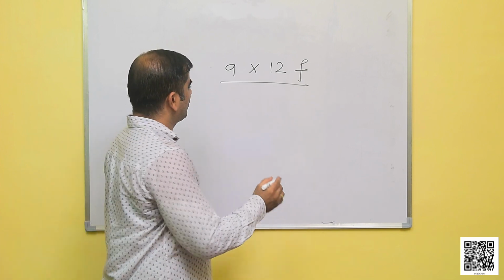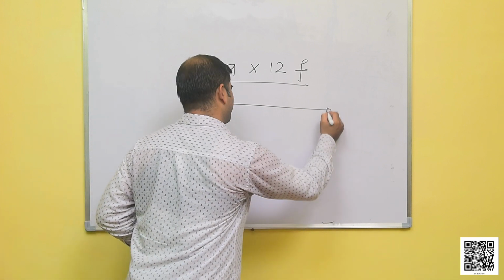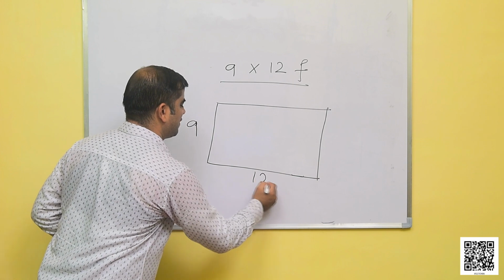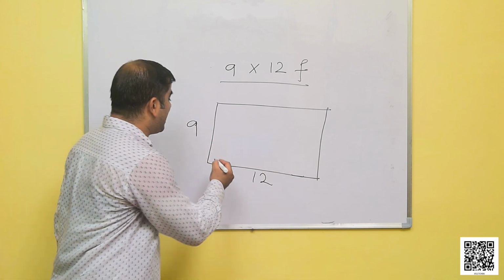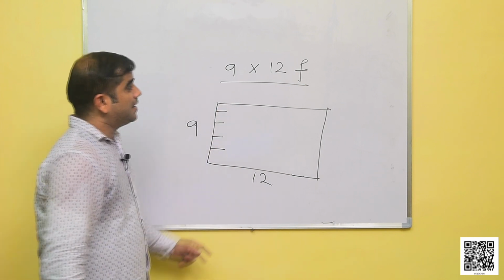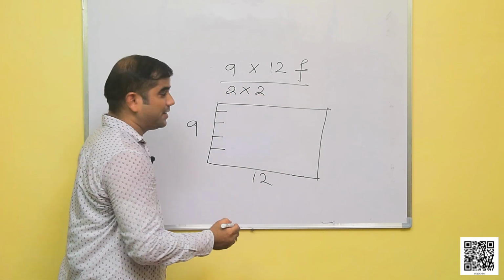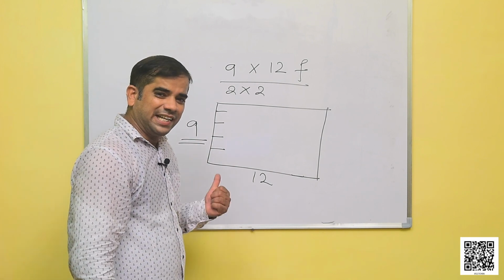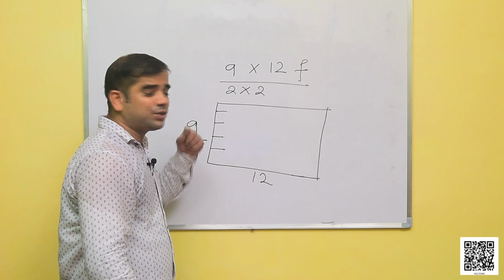Okay. So, this is the floor, 9 and 12 feet. Think about it. If I lay the tiles like this, if I take the tile of dimension 2 into 2, is 9 divisible by 2? Is it in the 2's table? No. 9 does not lie in the 2's table.